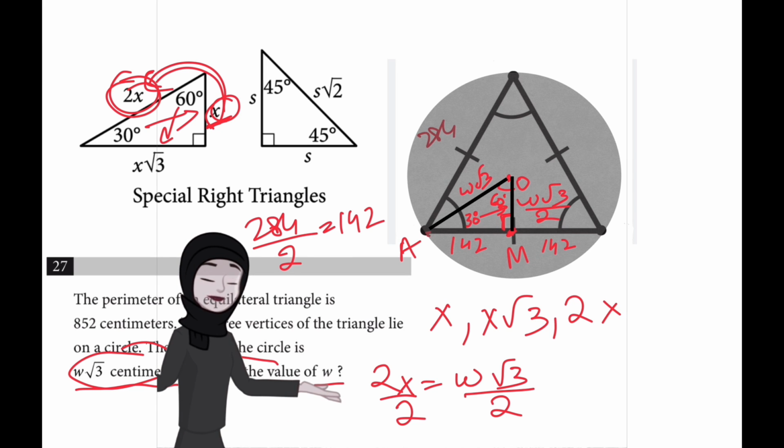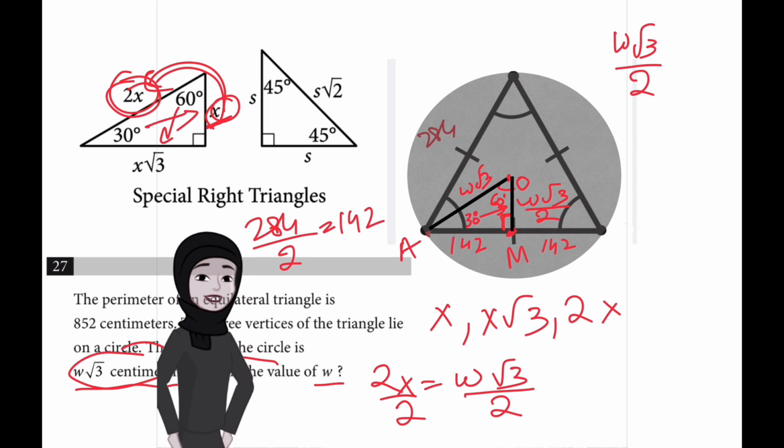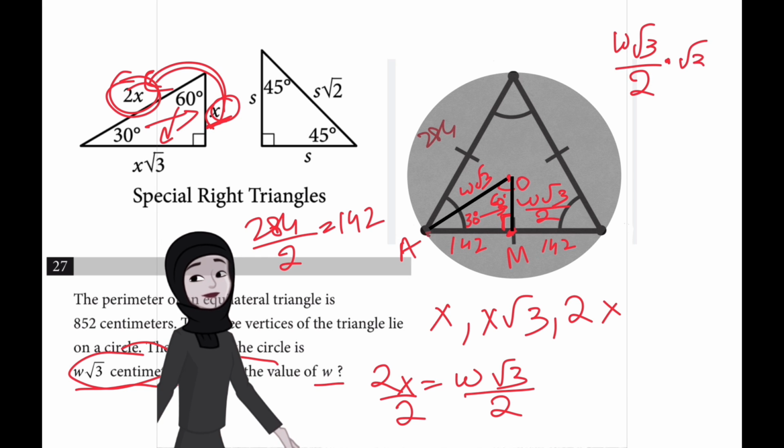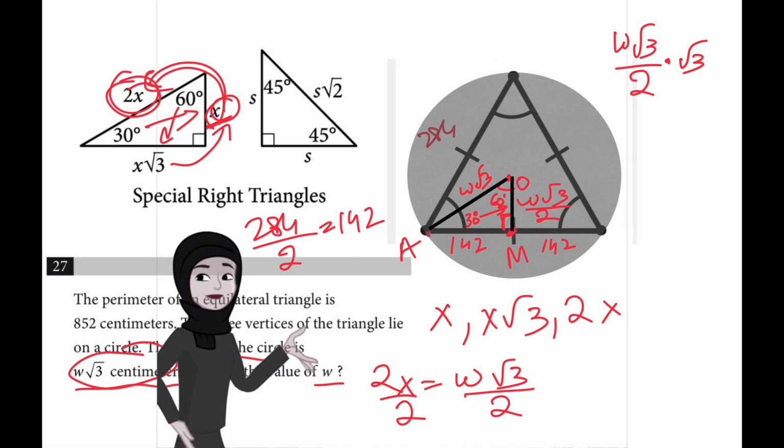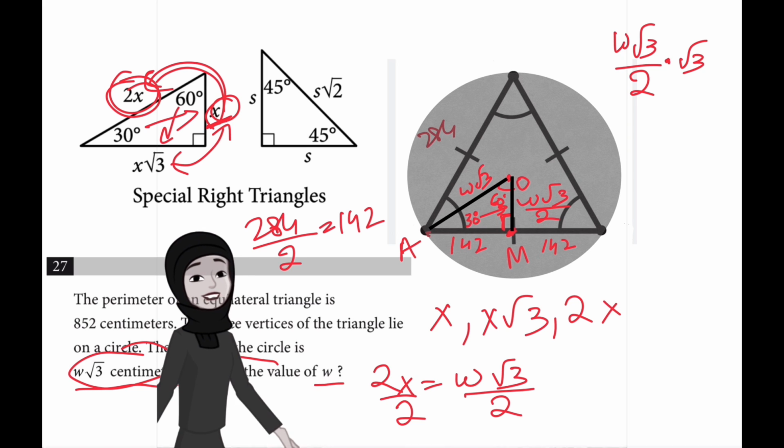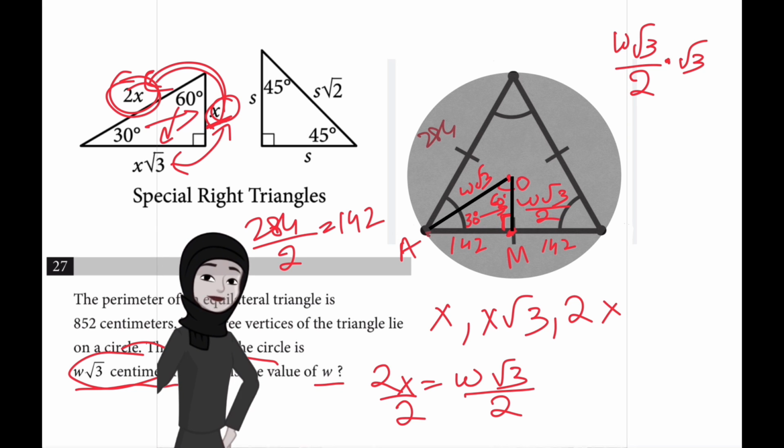And what about AM? AM is w root 3 by 2 multiplied by root 3, because what's the relationship between the sides opposite to the 30 degree and 60 degree? If the side opposite to 30 degrees is x, you multiply that value by root 3 to get the length of the side opposite to 60 degrees.